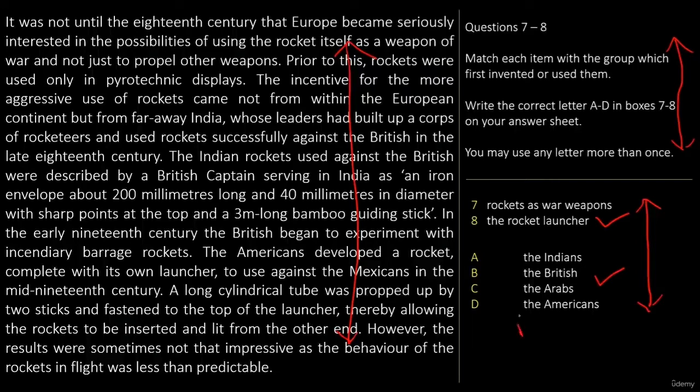The options are called features. You might have noticed we have used these words: features, questions, instructions, and passage. Clear about this, right? You have to search for where and who uses rockets as war weapons.